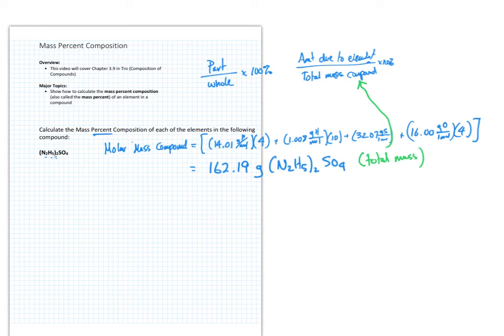What about the amount due to each element? Let's just pick one element. We'll work on the nitrogen first. The mass contributed by nitrogen is going to equal 14.01 grams nitrogen per mole times 4 nitrogen atoms.